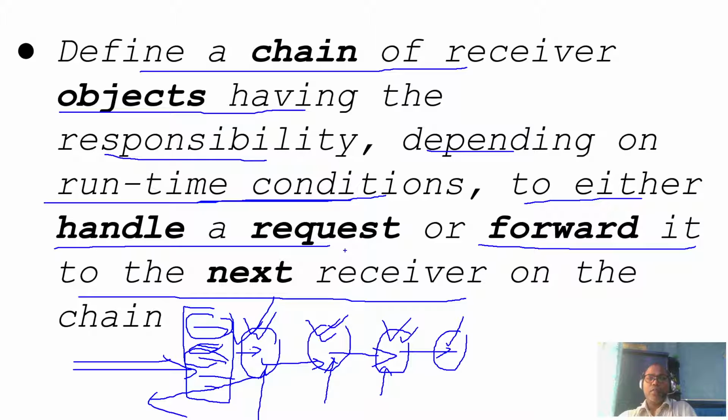Maybe a chain of receiver objects, and the number of receiver objects depends on the runtime condition. If I am able to handle it, okay, otherwise forward to the next. This pattern helps us solve one request with a chain of receiver objects.